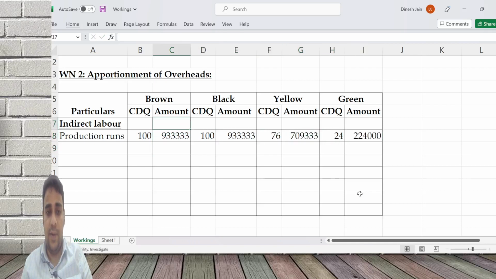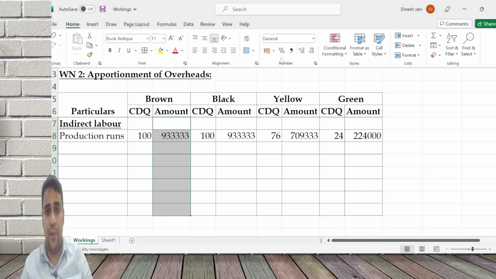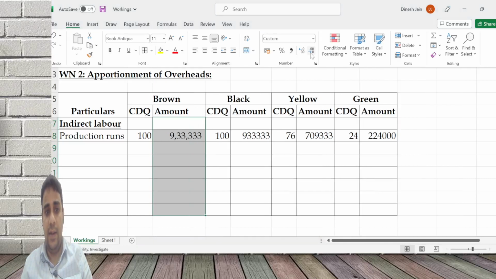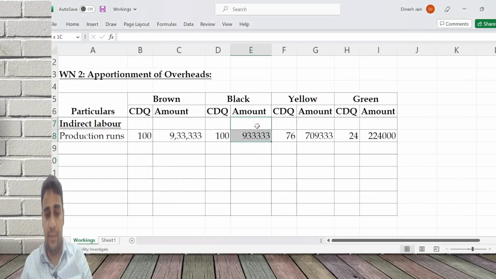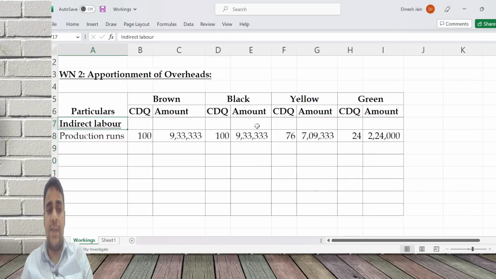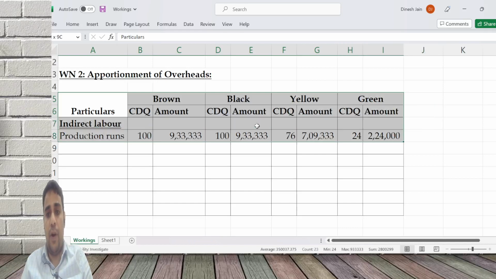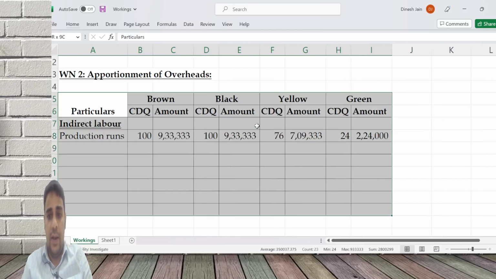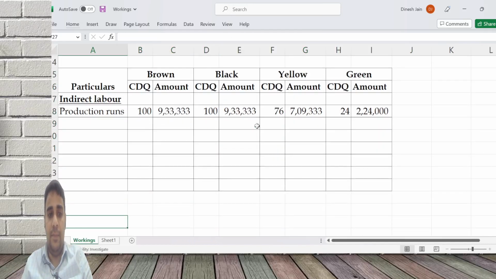That's the recovery rate we are going to follow. We are passing on the overhead to each of the products using this recovery rate.